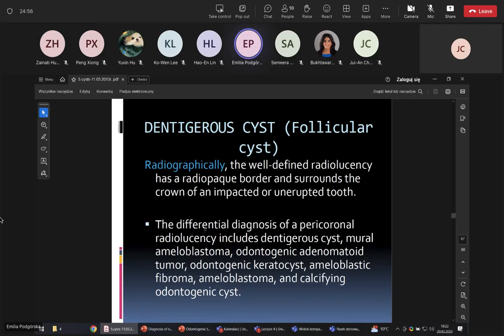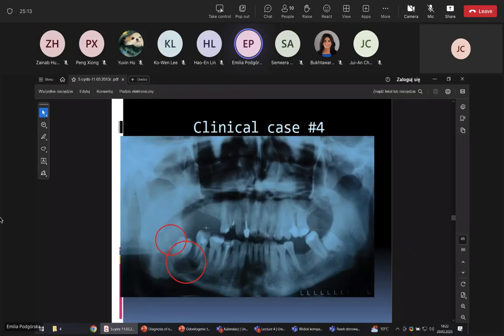The differential diagnosis of pericoronal radiolucency includes dentigerous cyst, mural ameloblastoma, adenomatoid odontogenic tumor, odontogenic keratocyst, ameloblastic fibroma, ameloblastoma, and calcifying odontogenic cyst.